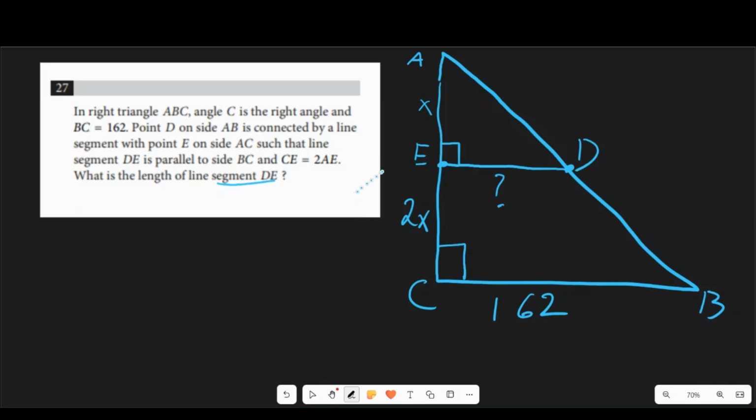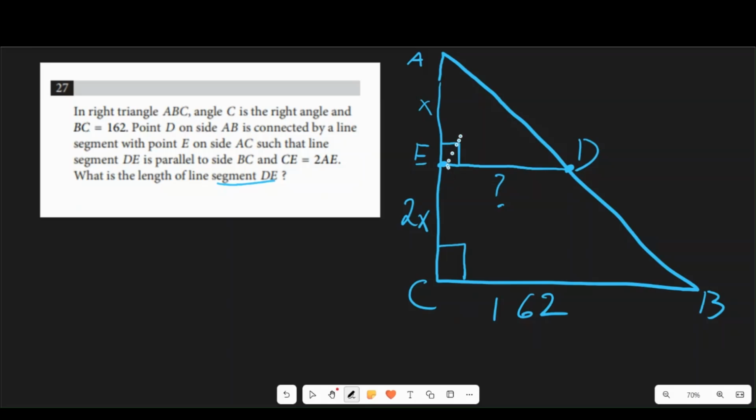So what we know now is when you have two triangles kind of inset on one another like this, where we have a smaller triangle that's basically just a portion of a larger triangle, that means these two triangles are similar triangles. And what that means is they will be related by some sort of scale factor, right?